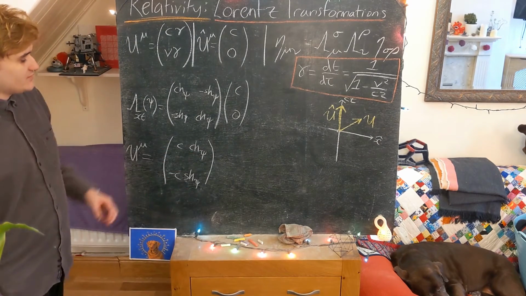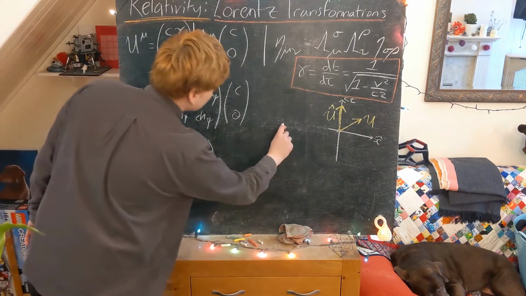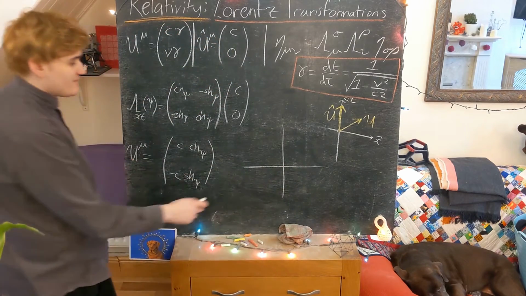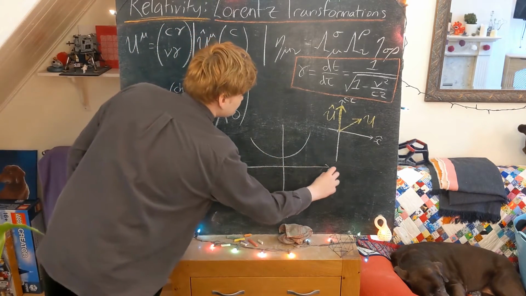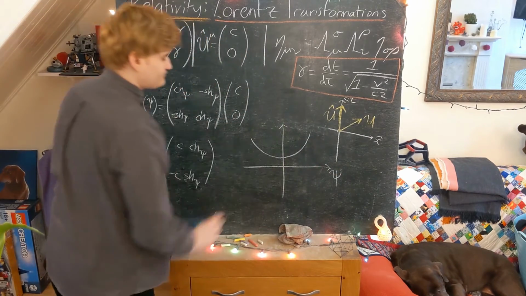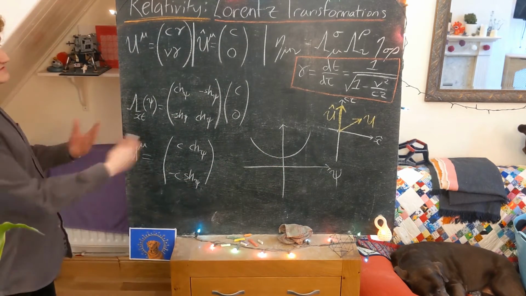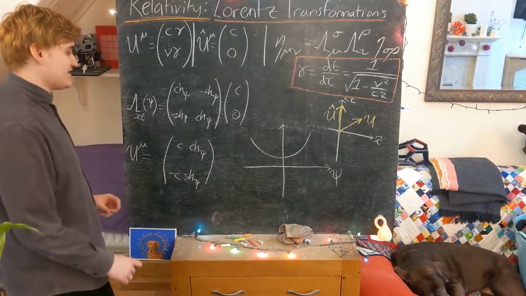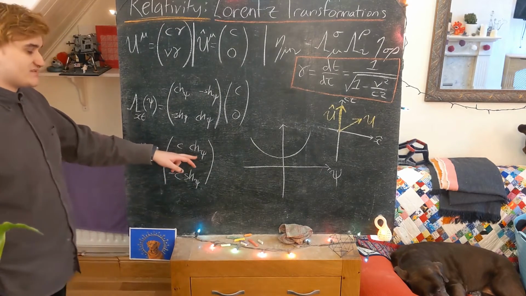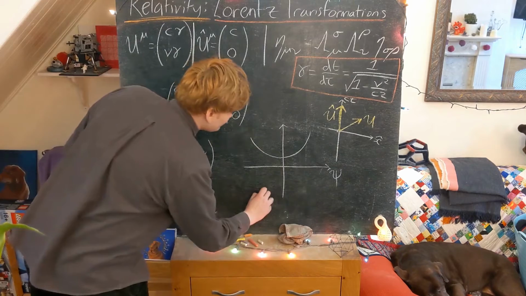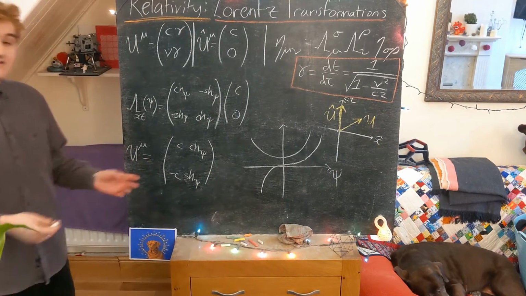And now if we just think briefly about what cosh and sinh look like, if we just remember, cosh looks like this, starts at 1. This is our parameter psi. Cosh is going to start at 1 when psi is equal to 0. And so if we boost with 0 rapidity, this is effectively doing no boost at all, because cosh of psi is just 1, and sinh of psi at psi equals 0 is 0 as well.